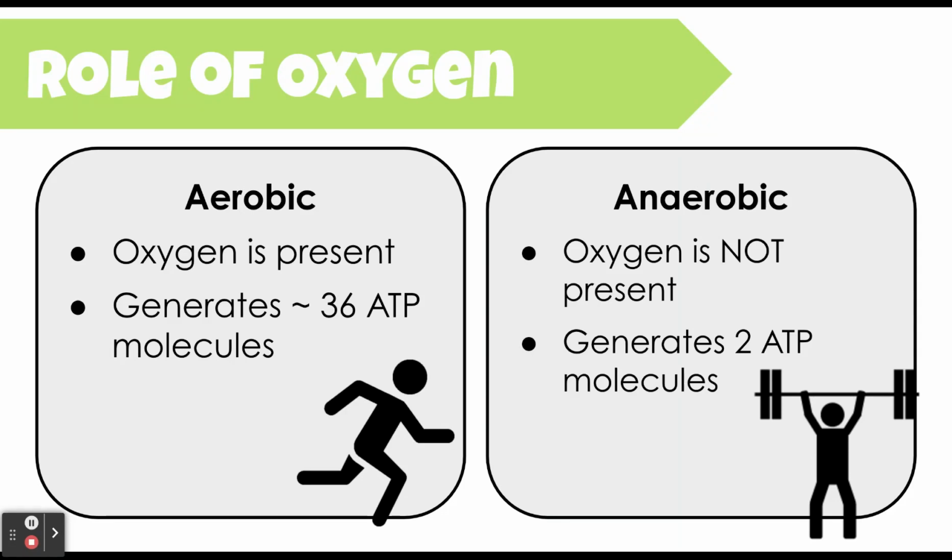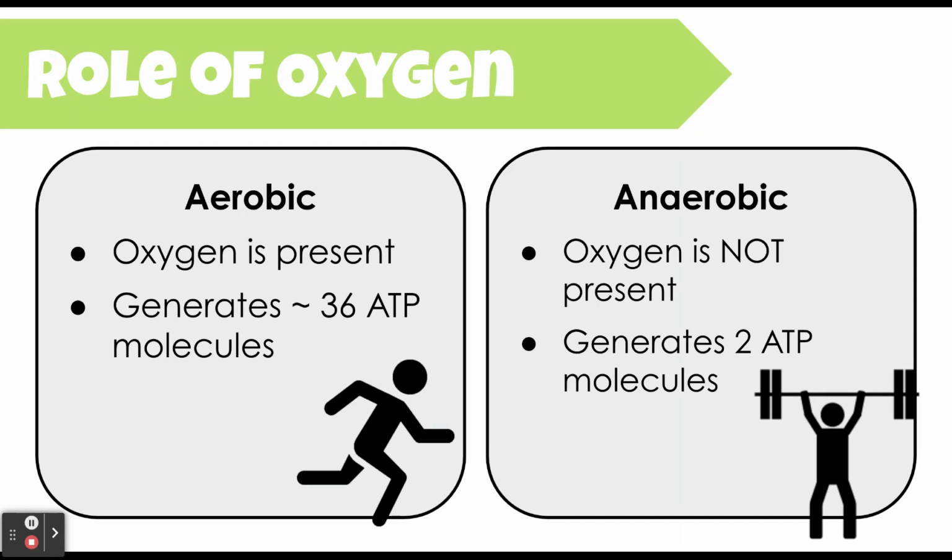When oxygen is present, cells are using what we call aerobic cellular respiration. All those steps we just walked through is aerobic cellular respiration. Oxygen was present, and this generates anywhere from 34 to 38 ATP molecules. And this is the preferred route of cells generating ATP because it makes a good quantity of ATP.